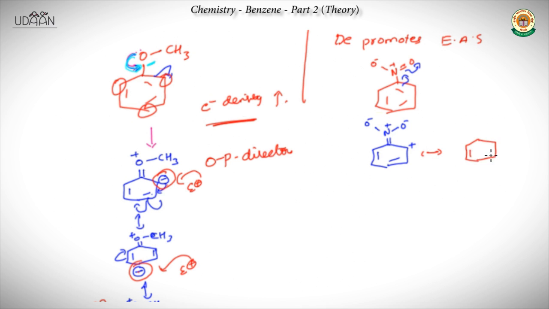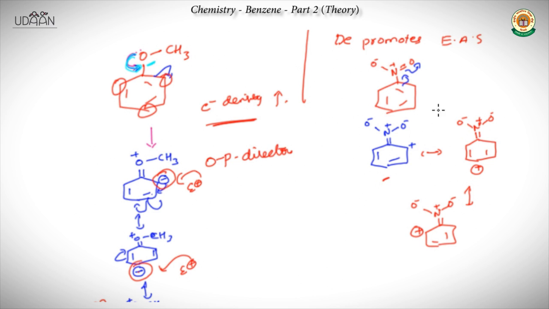You have this one, double bond N, O minus and positive charge here, and you have a positive charge here. As you can see, if you draw one more resonating structure, you'll have the same compound as this one, where you have a positive charge on this carbon, double bond N, O minus. Now observe carefully.